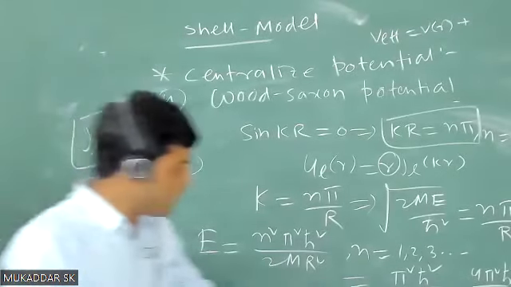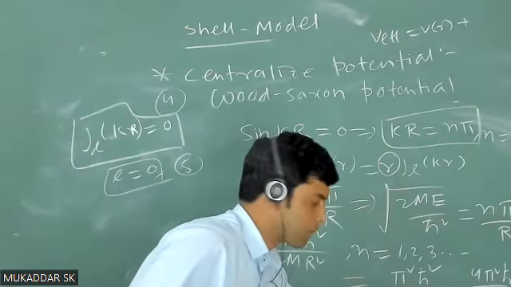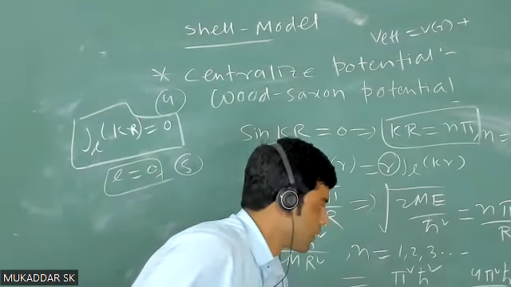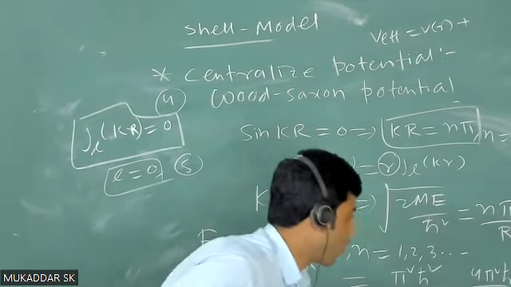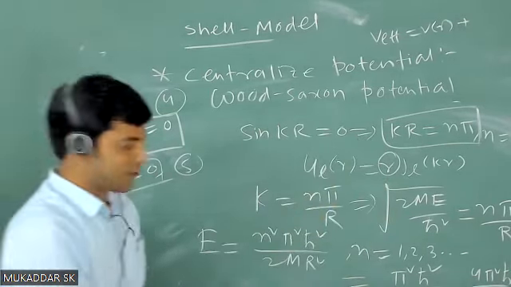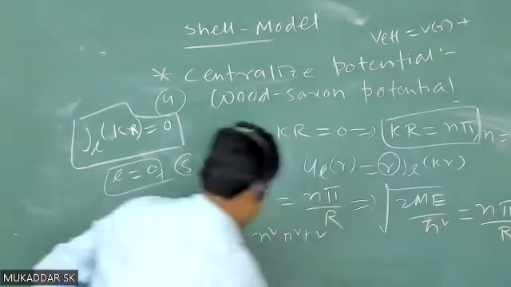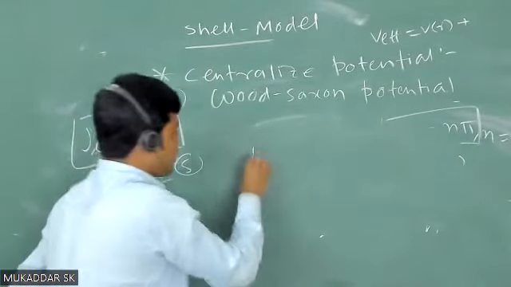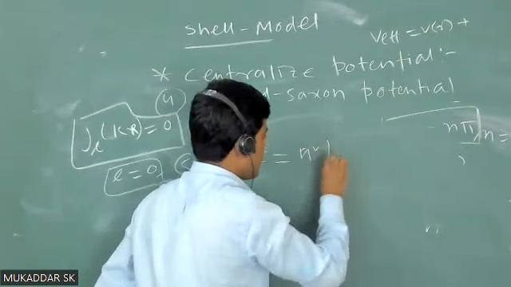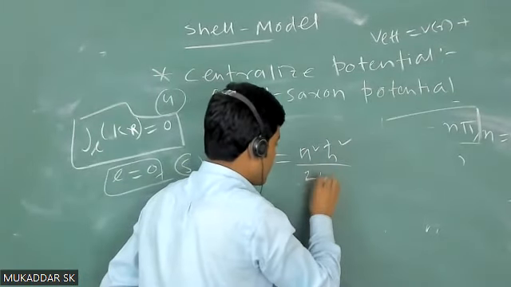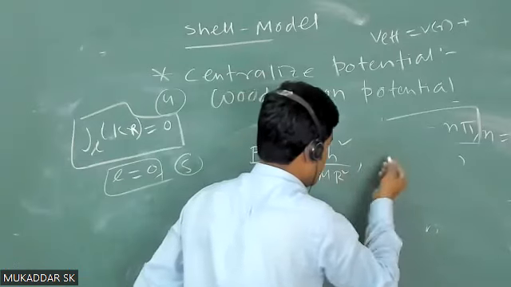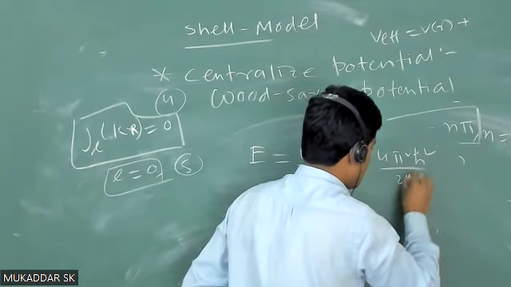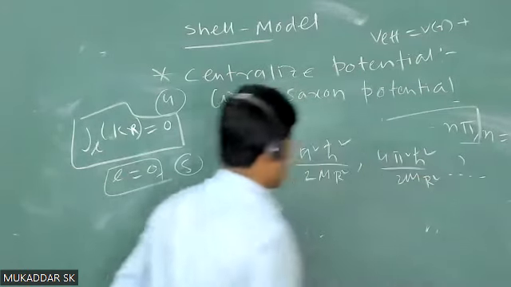So this is the least energy, and for that the first orbit will be 1s, the next energy will be 2s. The board is not visible, okay, I'll write it higher up. So you have an energy like pi square h cross square by twice m r square. Second, if you take n equals to 2, that will be 4 pi square h cross square by twice m r square and so on.